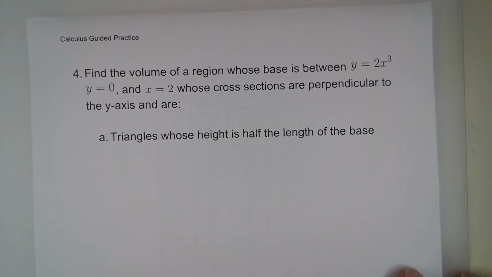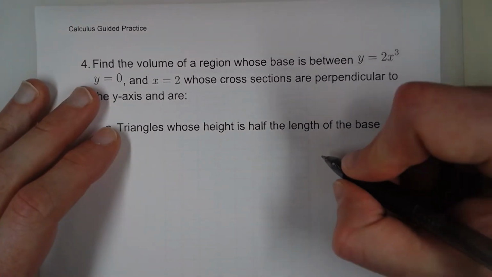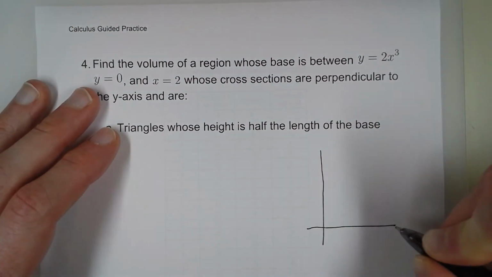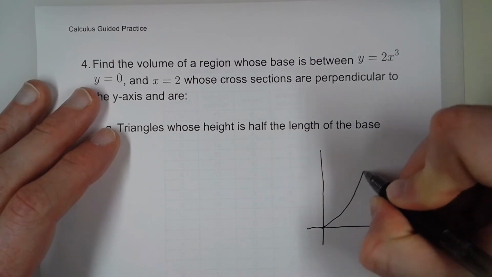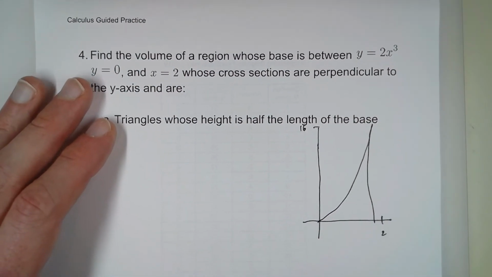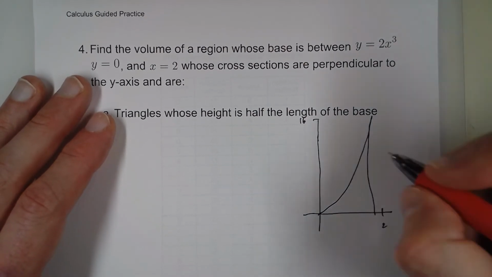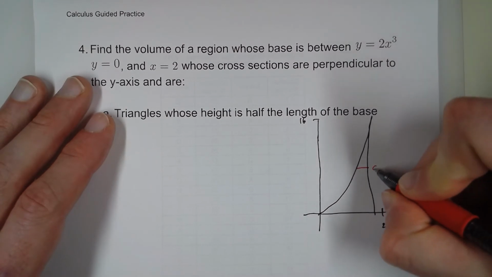Now in the last problem, this one, if you remember from the previous video, we've got this region. So that goes all the way up to 16 up there. But here the slices are perpendicular to the y-axis, like this. So the thickness is dy.